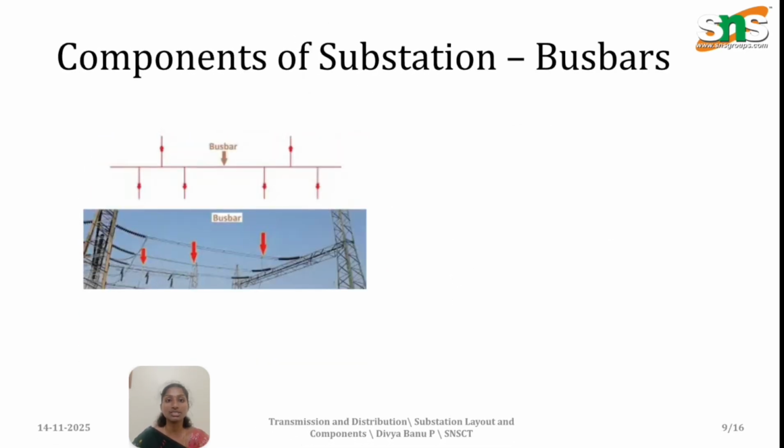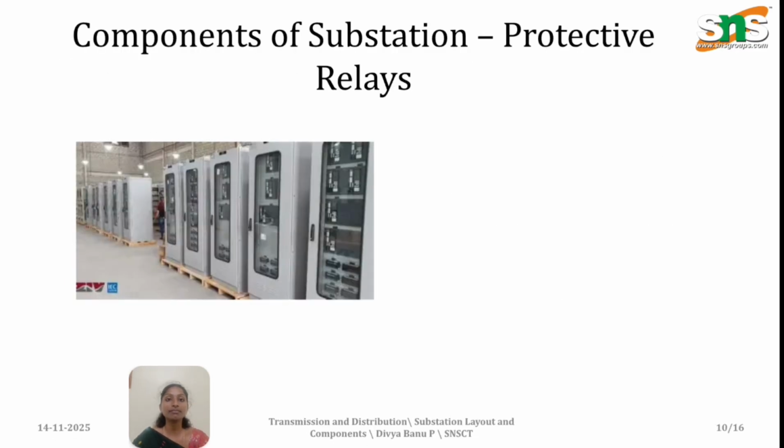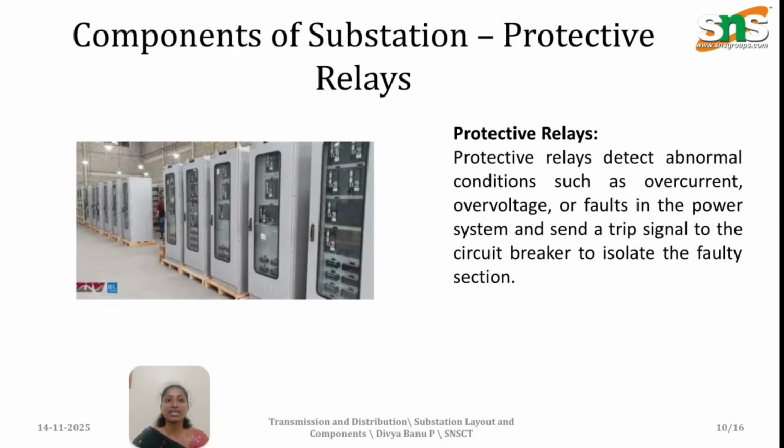Next, coming to the substation bus bar. A bus bar is a common line where we can tap the electricity wherever it is needed. It is a conductive bar that serves as a common connection point from which we can take multiple circuits as the output. And protective relays play a major role.